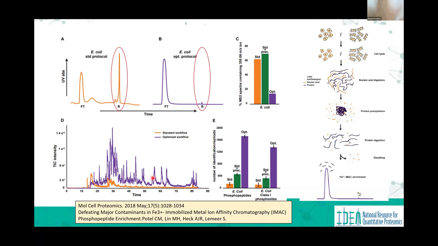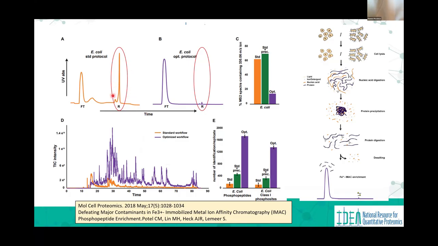And this is a paper that came out in 2018 that really shed some light on this. And from a chemistry point of view, it makes a lot of sense. And so they came up with a method that improved their yield of phosphopeptides. And when I first read the paper, I looked at the figure, and I have it circled in red here.